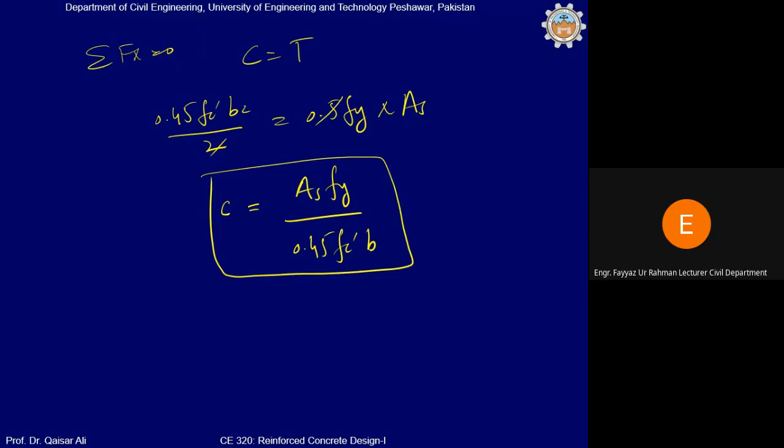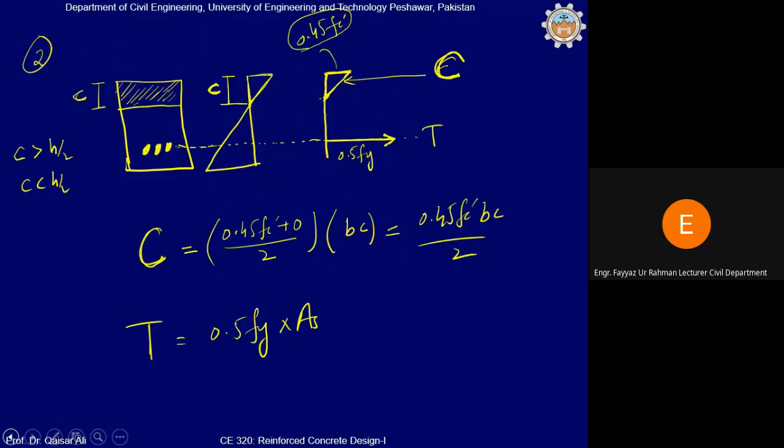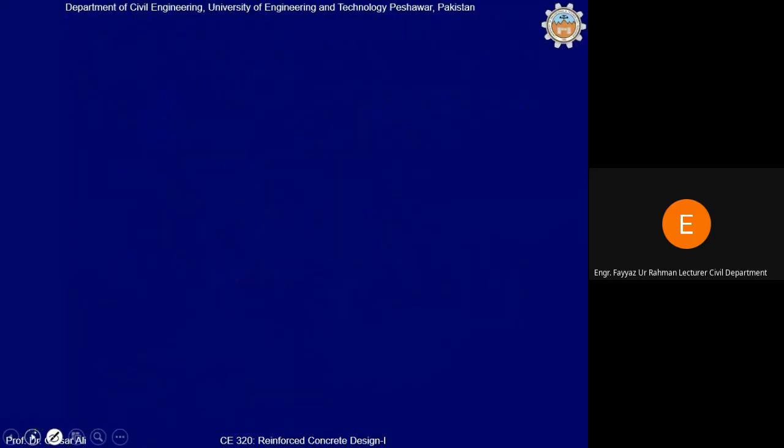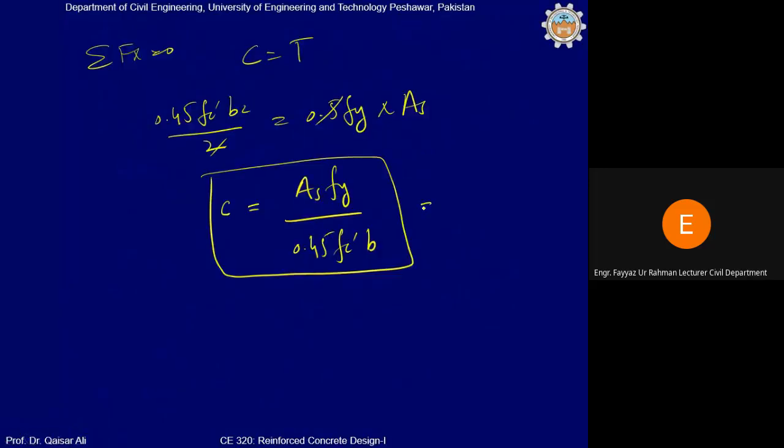For the example we did, if we want to calculate C for this example, put the values here, and you will get the value of C at this stage. As was equal to 1.32, Fy is 40, divided by 0.45 multiplied by Fc prime is 3 and B is 12 inches.